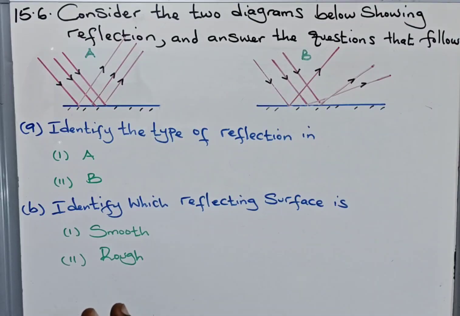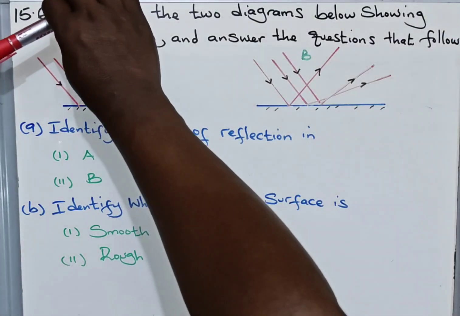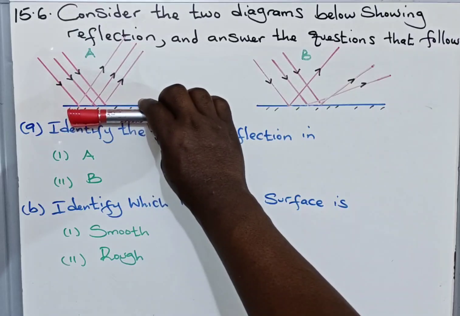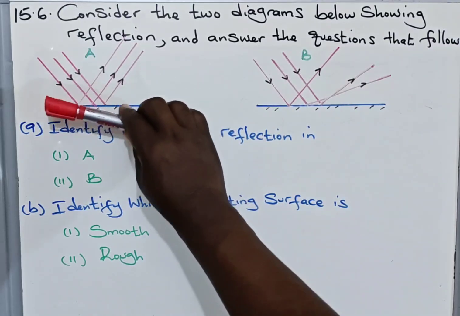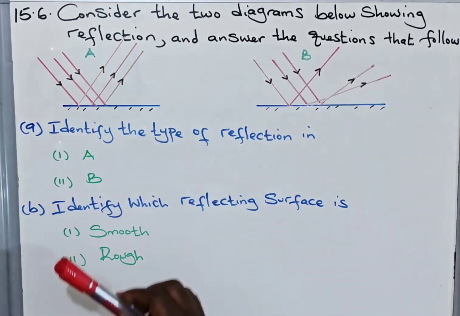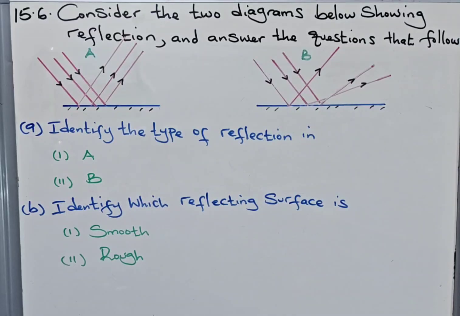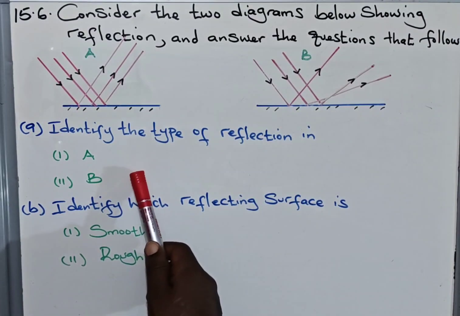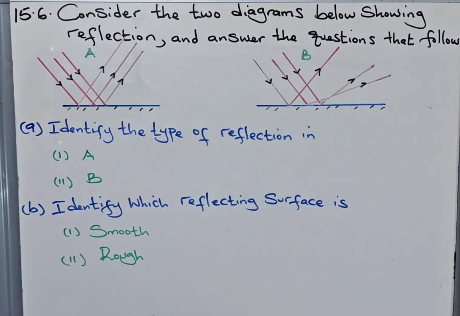Let us look at what we see in A. We are having a parallel beam of light striking the surface, and it is reflected as a parallel beam. So what type of reflection is that? We call it specular or regular reflection.